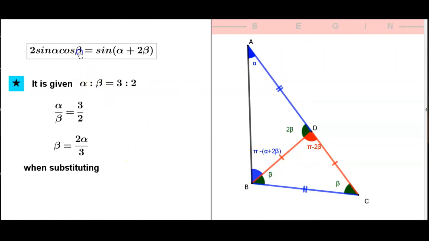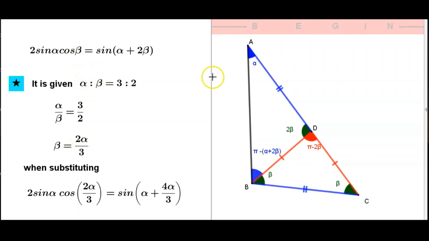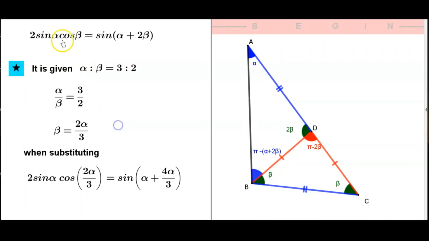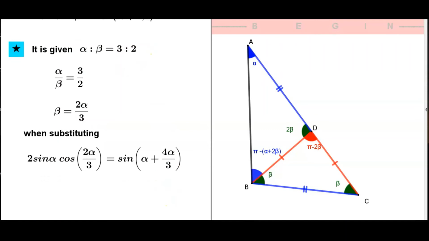When substituting in this equation, for beta we substitute 2 alpha by 3. Therefore, 2 sine alpha into cos of 2 alpha by 3 is equal to sine of alpha plus 2 beta. Beta is 2 alpha by 3, therefore 2 beta is 4 alpha by 3.